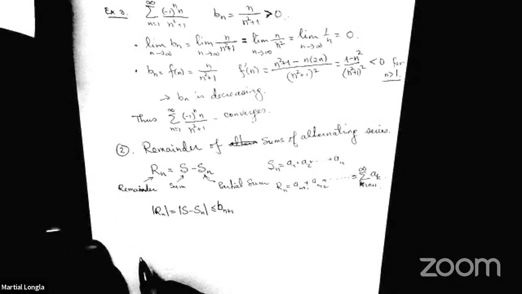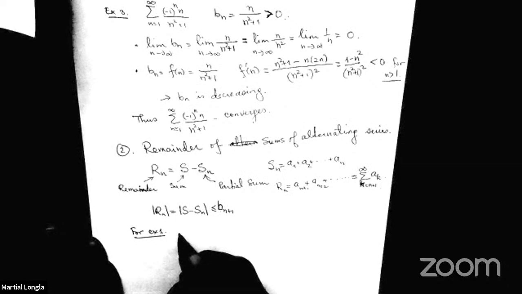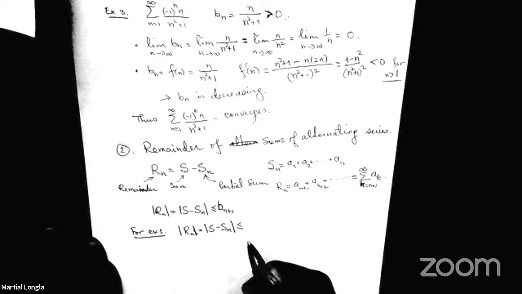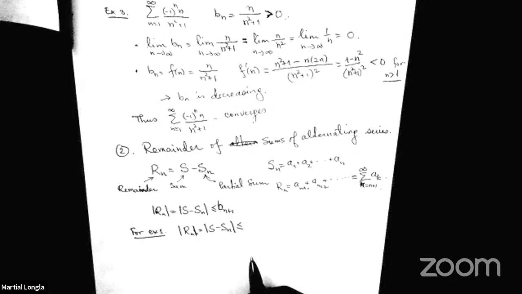And so for our examples, for example 1, we have the absolute value of Rn, which is the absolute value of S minus Sn, less than or equal to Bn plus 1. In example 1, we had the sum of negative 1 to the power n over n.